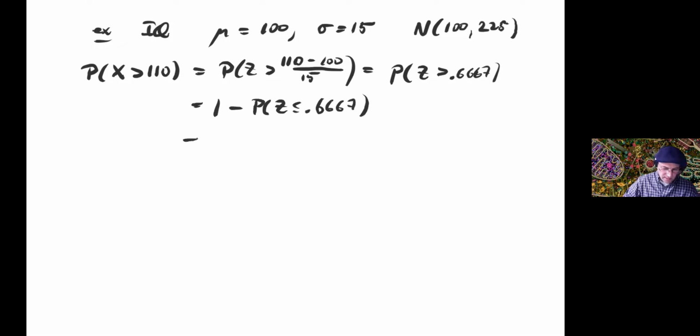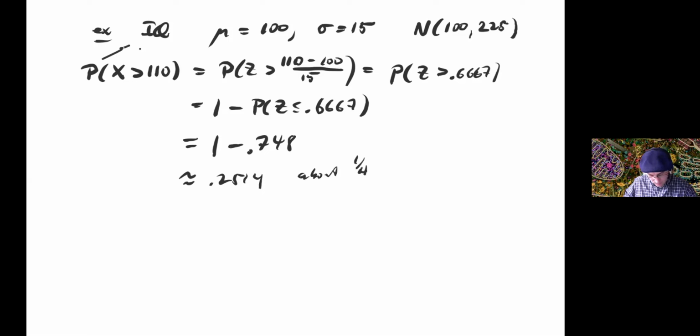And we can look that up on the normal table. So that's 1 minus 0.748, which is about 0.25. Okay, so about a quarter of the population, it's actually 0.2514, that's more accurate. This is about 1/4 of the population has an IQ bigger than 110.